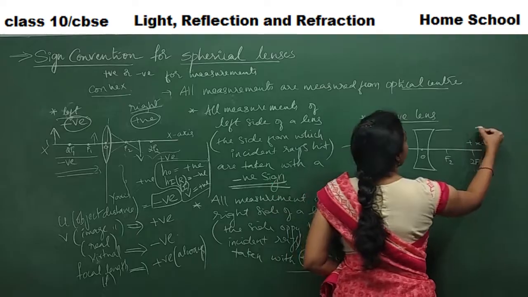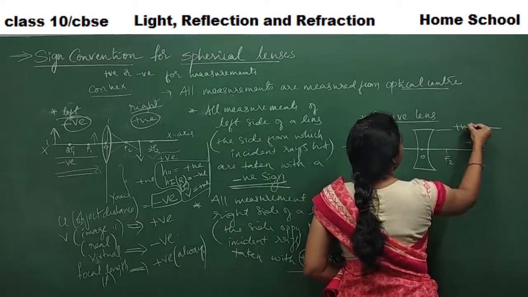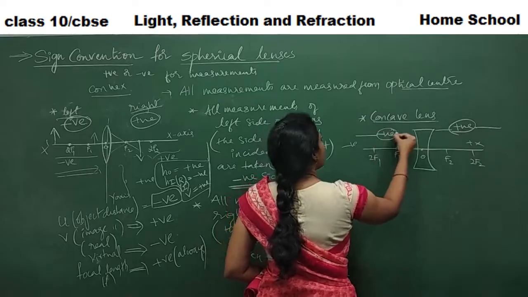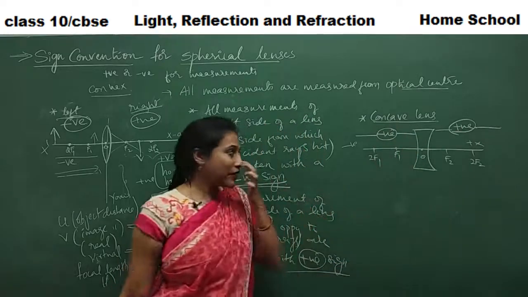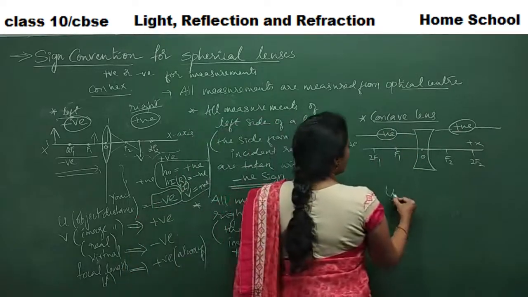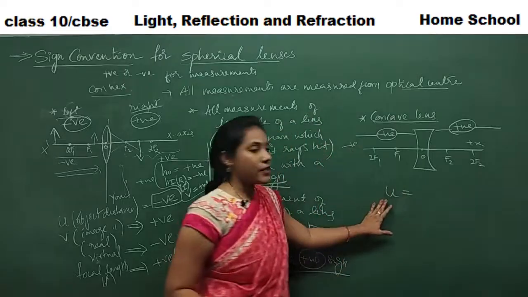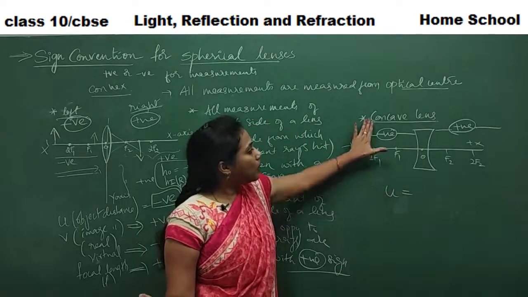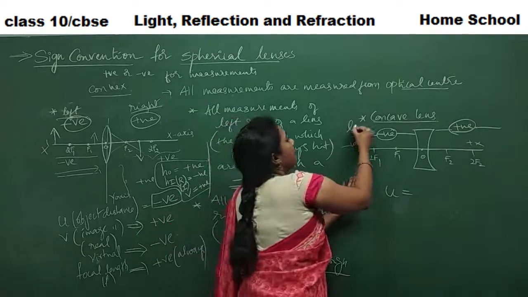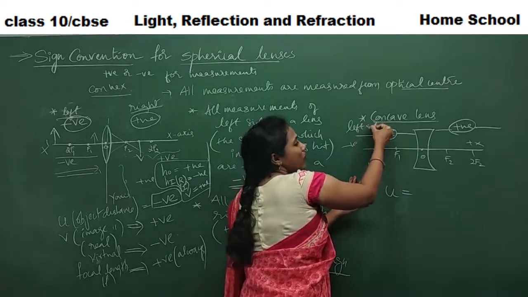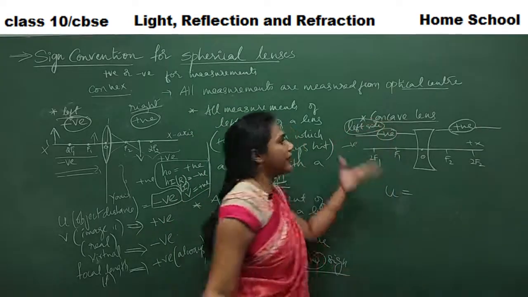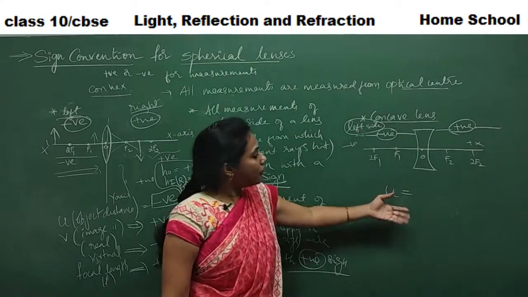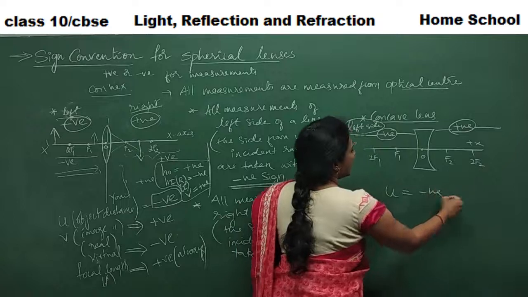All measurements of this side are considered positive. All measurements of this side you have to consider as negative. We know this. Now object distance, the u value. Where will you keep your object? This side. The object is always kept on the left side. That is one important rule that you have to remember. Since the object is always kept at this side, the object distance is always negative.